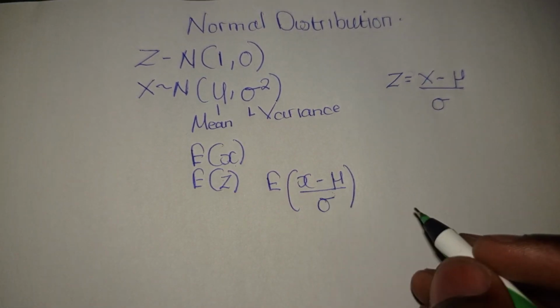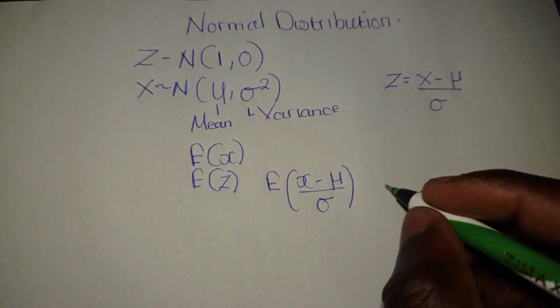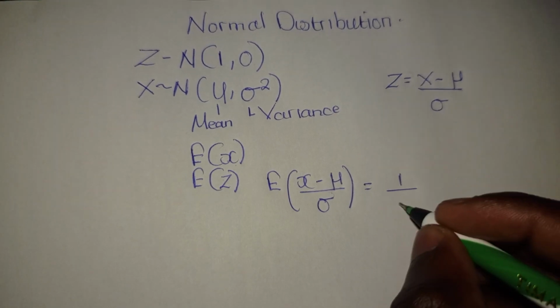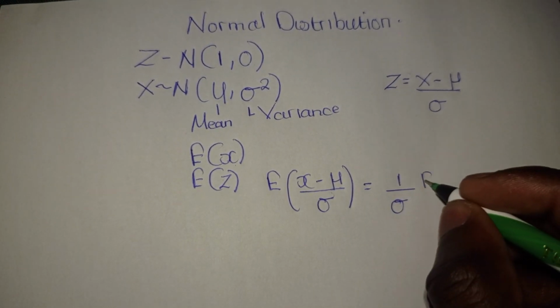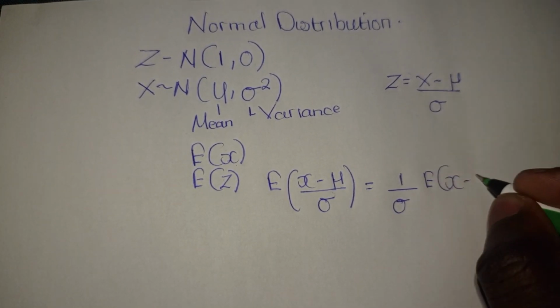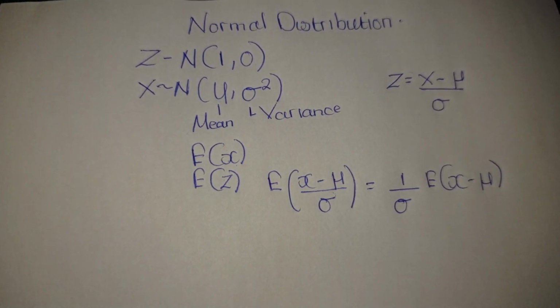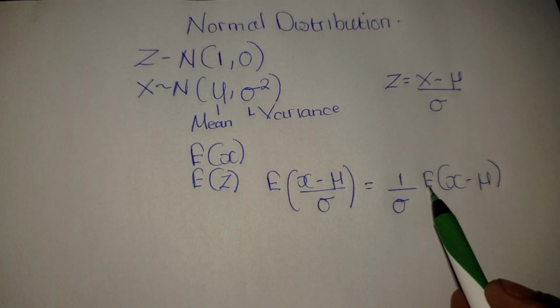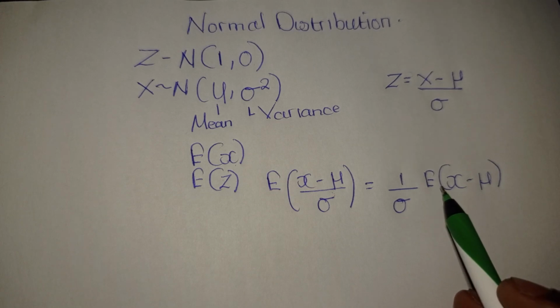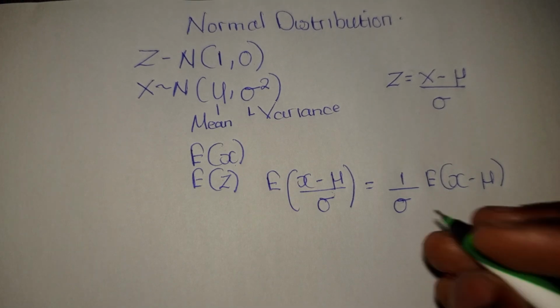From here, we factorize sigma and it comes outside, and you have 1 over sigma times the expected value of (X minus mu). What is outside can also be distributed to what is inside.